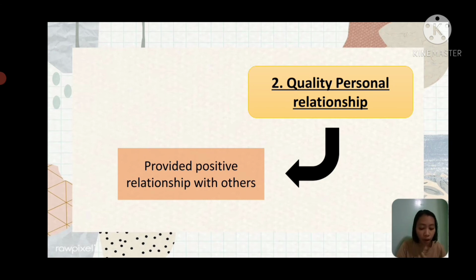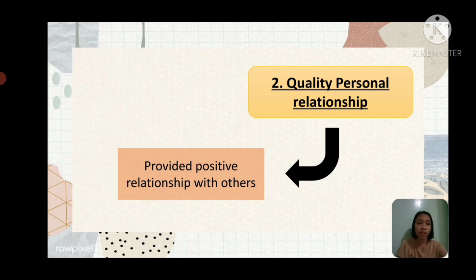Some examples of quality personal relationship, a positive relationship with others, are companionship, affection, intimacy, attachment, love, friendship, trust, and so on. That is related to positive relationship with others.